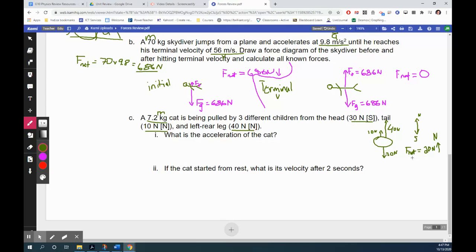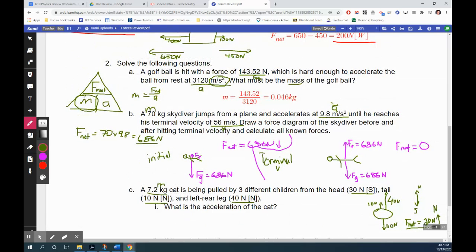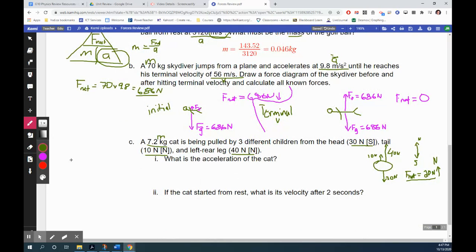So what's the acceleration? Well, we can't use any of the individual forces. We have to use the net force, which is 20, but we can also use the mass. If we look up at our triangle, we know the mass, and this time we want to find the acceleration. So we're going to do F net divided by m. Remember, it's got to be the net force. You can't use anything else.